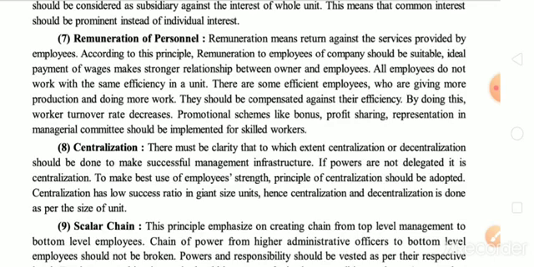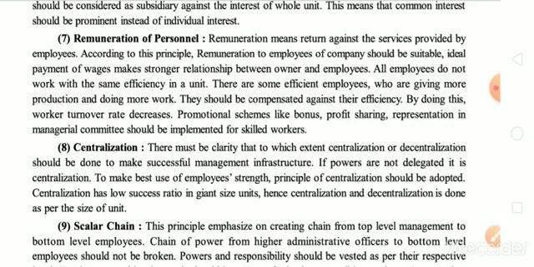To make best use of employee strength, the principle of centralization should be adopted. Centralization has a low success ratio in giant size units, hence centralization and decentralization is done as per the size of the unit. So first of all, we will understand what is centralization and what is decentralization.